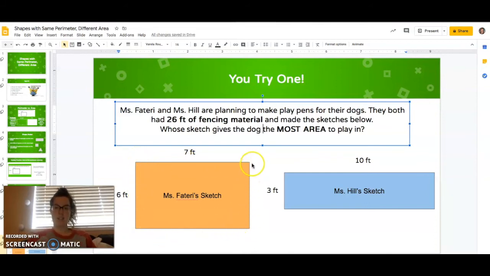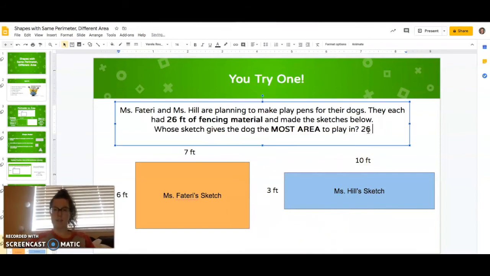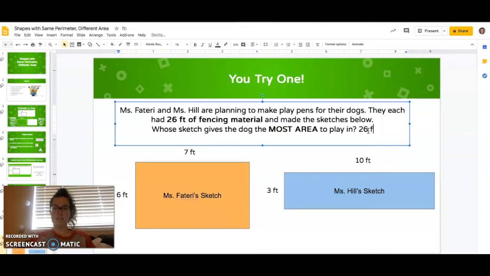So they each had 26 feet to make the outside. So we know that 26 feet is the perimeter, right? I'm going to make a note of that over here. 26 feet equals the perimeter.